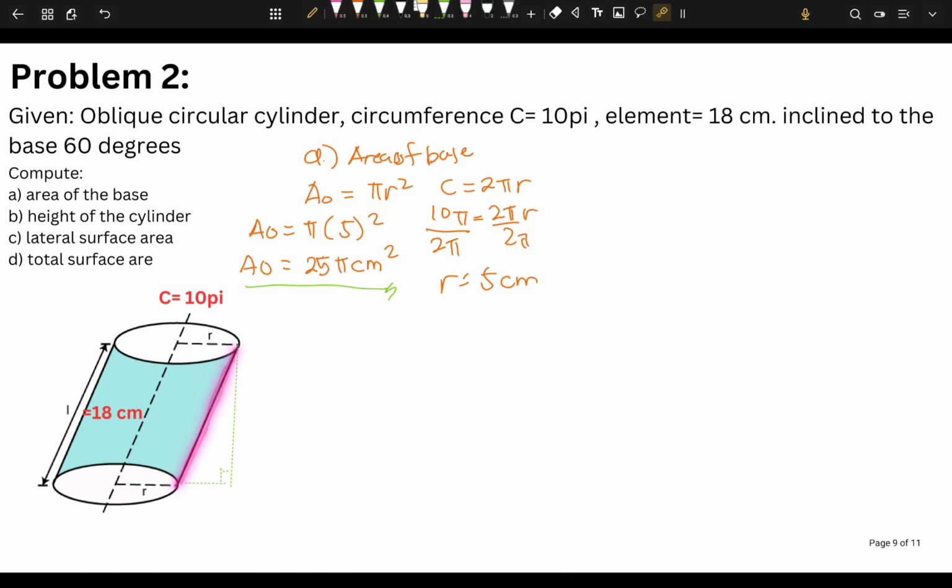Ayan yung ating element which is equivalent saan? 18 cm, right? So, ito, naka-incline siya at 60 degrees sa base. Sa base, 60 degrees. So, ang pinapahanap sa atin yung height.